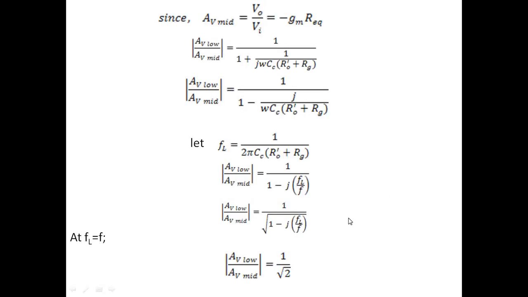So the voltage gain at low frequency is equal to AV mid divided by root 2. That's what we mentioned in the earlier frequency response curve.